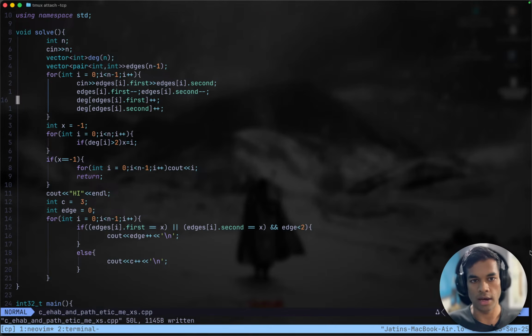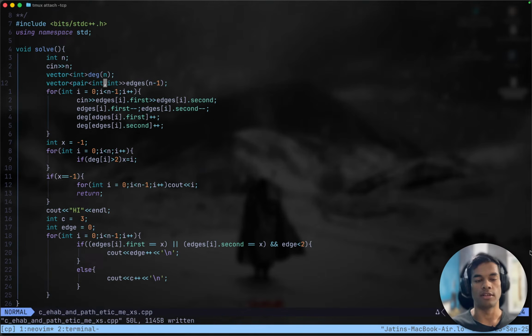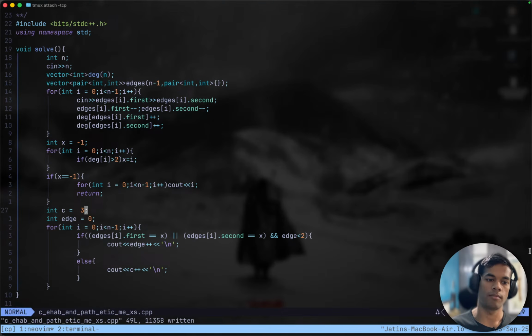Take into edges I first and second. Wait, this makes sense. This makes sense. Pair and I've initialized that pair. That might have been a mistake.